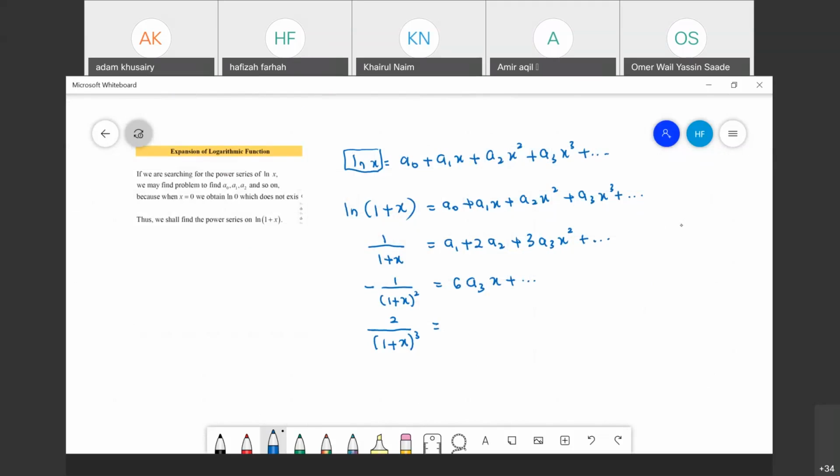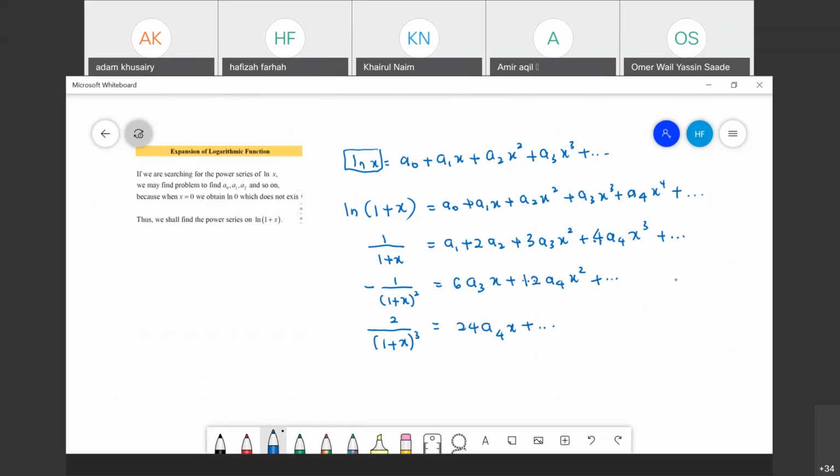So if you need to find more derivatives, the longer the expansion you need to write here. So this should be a4 x to the power of 4, and this will be 4a4 x cubed, and this would be 12, this will be 24 times x.